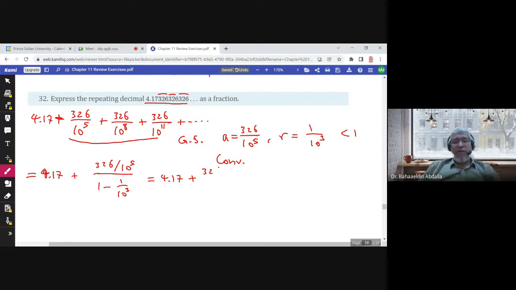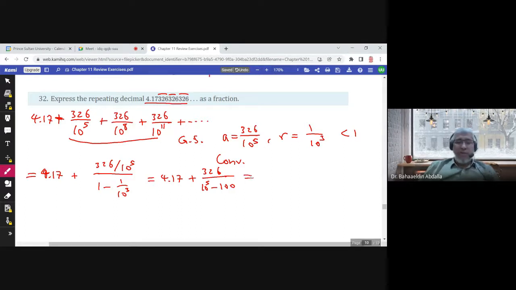So I'll have 326 over 100, minus 10 to the power 5, minus 10 to the power 2 or 100.